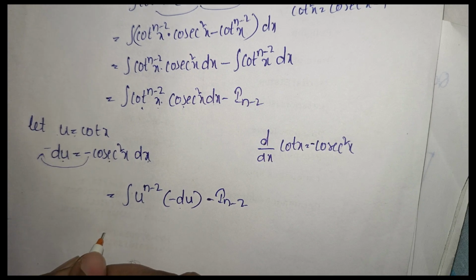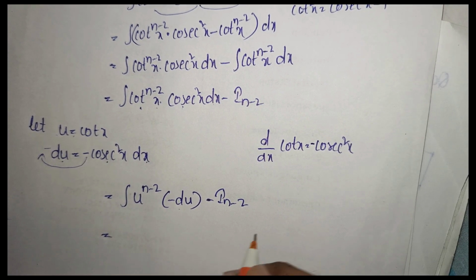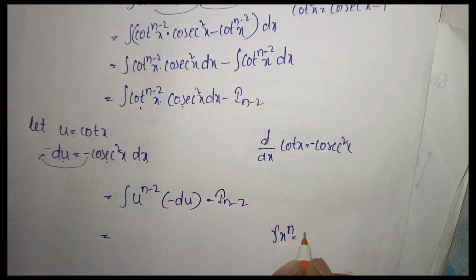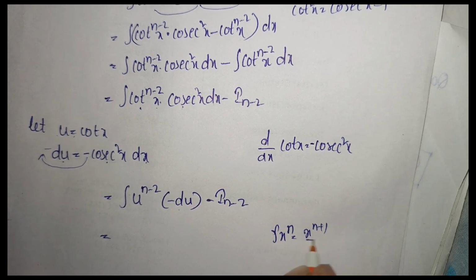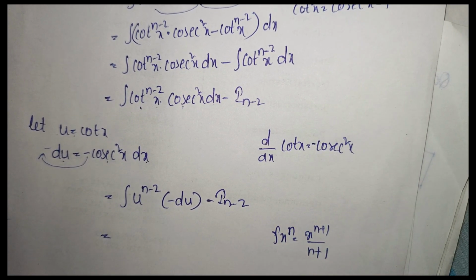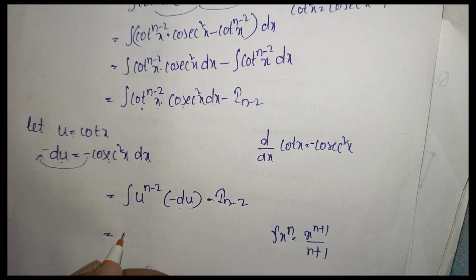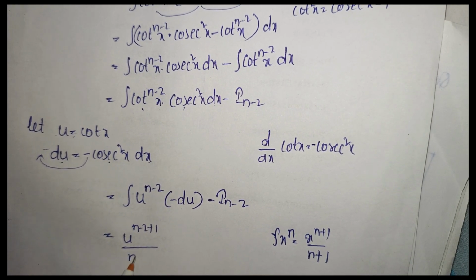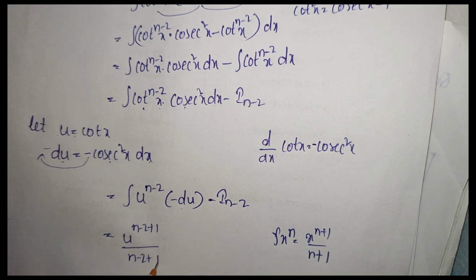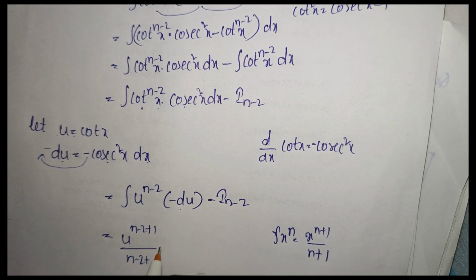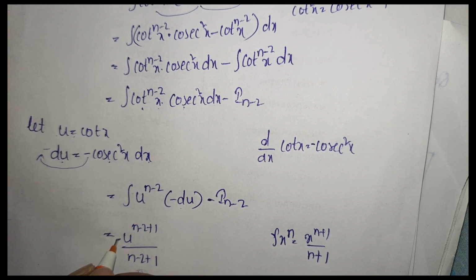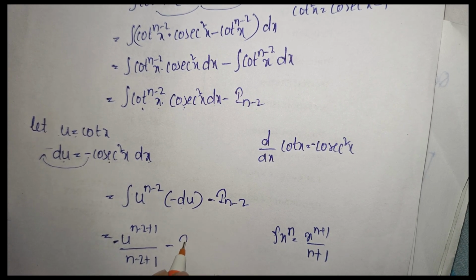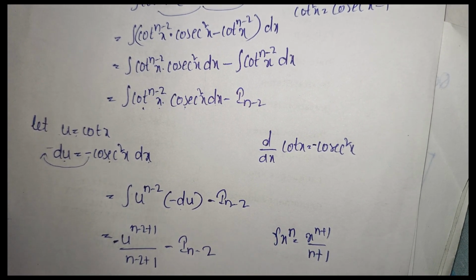So what is the integration of u to the power of n minus 2? You know the formula: the integration of x to the power of n is equal to x to the power of n plus 1 by n plus 1. So here x is u, and the power is n minus 2 plus 1 by n minus 2 plus 1. We have minus here, so I'm writing minus.